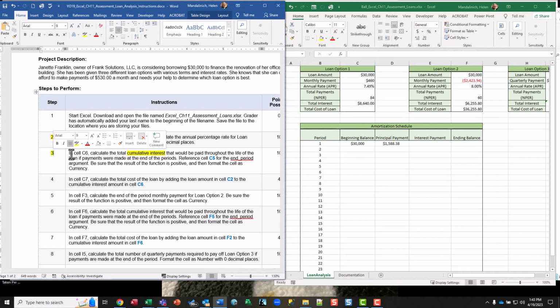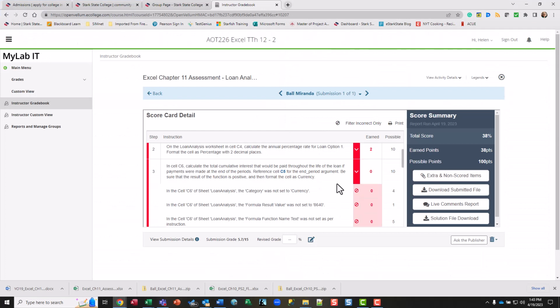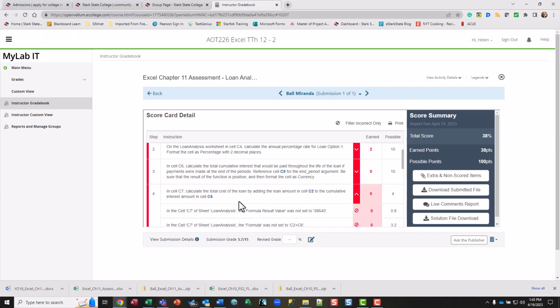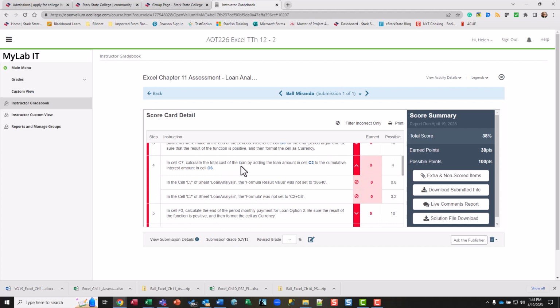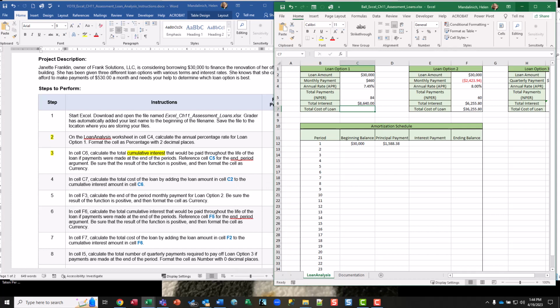So then I think the one you were talking about in your email was 4. So let's go look at 4. Yeah, you did not get that cost of the loan by adding the loan amount to the cumulative. Okay, so all you're doing here in cell C7 is adding the amount you're paying in interest.